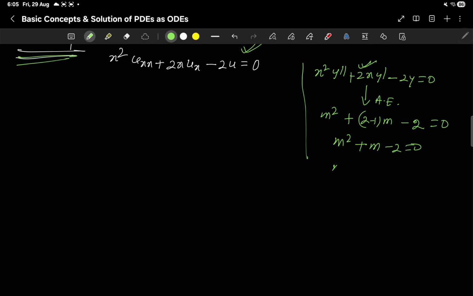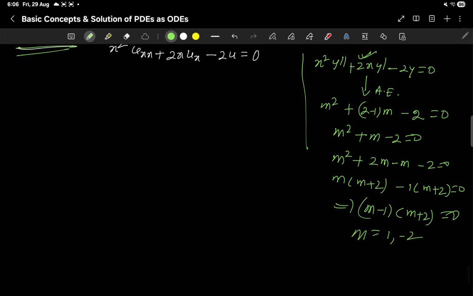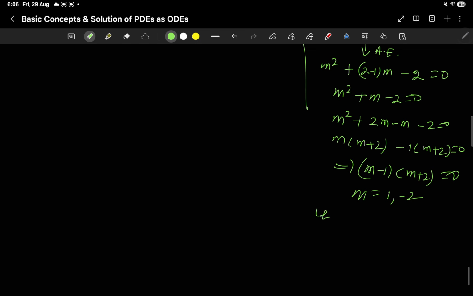Now apply the middle term factorization: m square plus 2m minus m minus 2 is equal to 0. m into (m plus 2) minus 1 into (m plus 2) equal to 0. So that means (m minus 1) into (m plus 2) equal to 0. So what is your m? m is 1 and minus 2. So y is c1 x to the power 1 plus c2 x to the power minus 2. So this is the case.